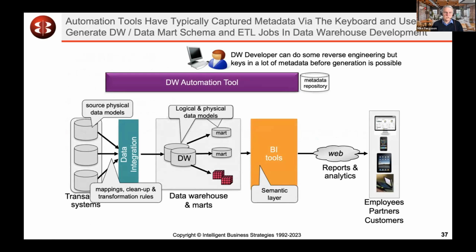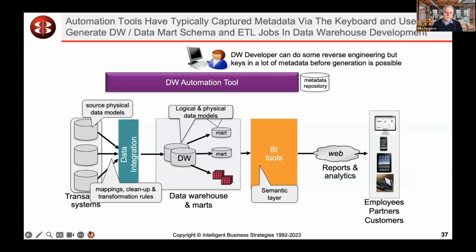There are the source physical systems, the physical data models within there. There are the mappings to integrate that data to go build a data warehouse. There are the logical and physical data models associated with data warehouses and data marts. And if your BI tool has a semantic layer, which several do, then that's also metadata that needs to be defined.